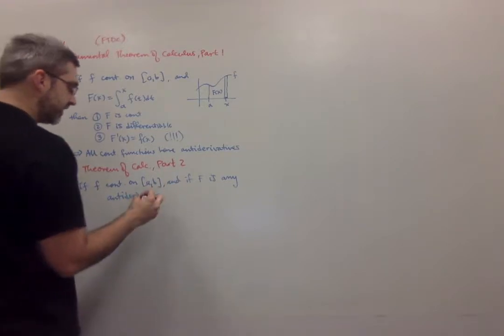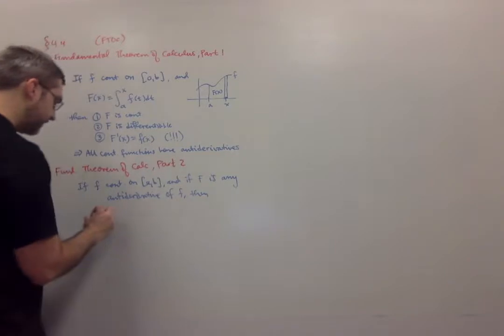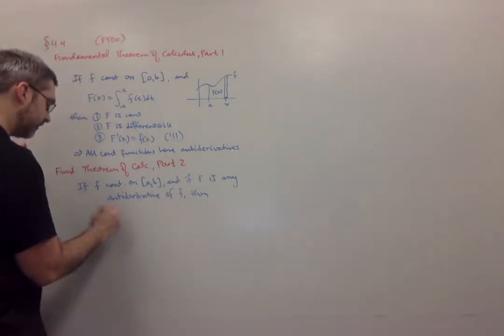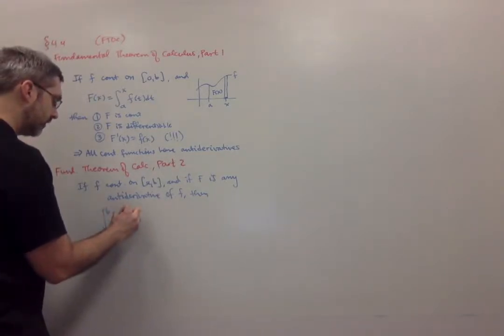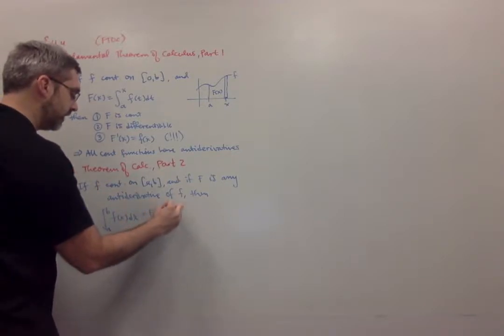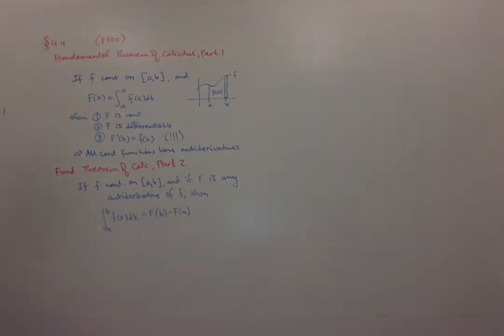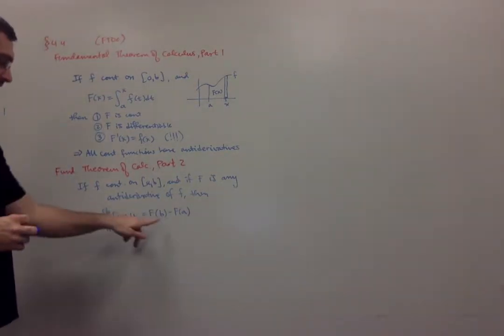So if you take any antiderivative of little f, then to calculate a definite integral, all you do is plug in b minus a. Find the antiderivative and plug in the upper limit and plug in the lower limit.